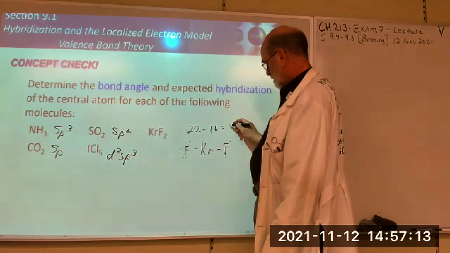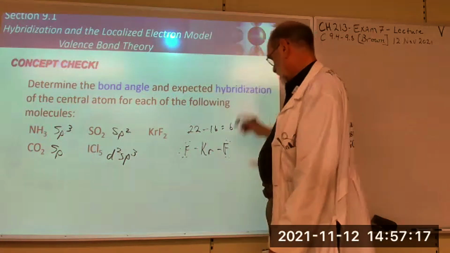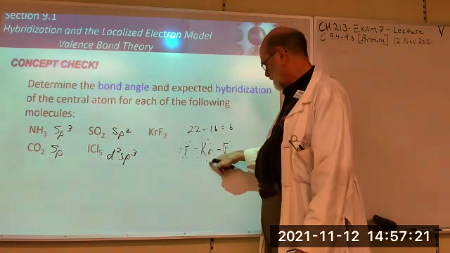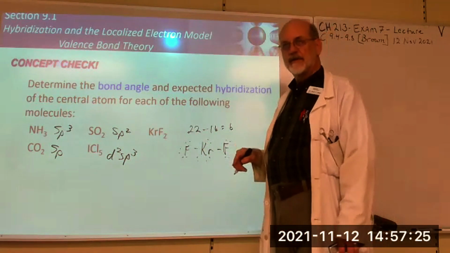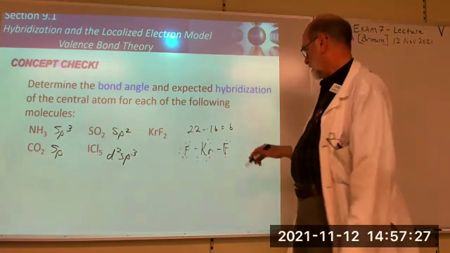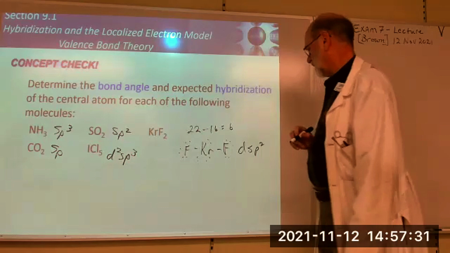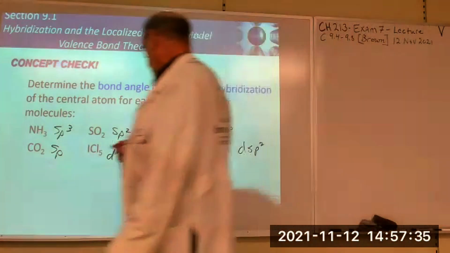And that's 4, 6. So 1, 2, 3, 4, 5, 6. So we got 1, 2, 3, 4, 5 groups means trigonal bipyramid. Right? So that's dsp3. Okay, now for the bond angles.